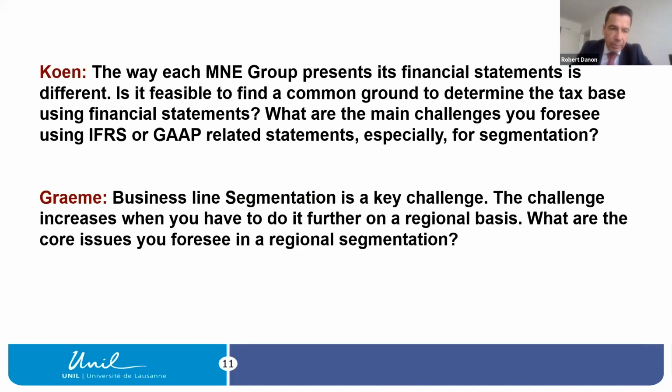Before going to Graham, just one follow-up point on the first part of your intervention. You were essentially mentioning fundamental divergences as regards the purpose of accounting standards and tax and the blueprint. But you agree that these divergences are somehow not new, in the sense that they are addressed in most tax systems.